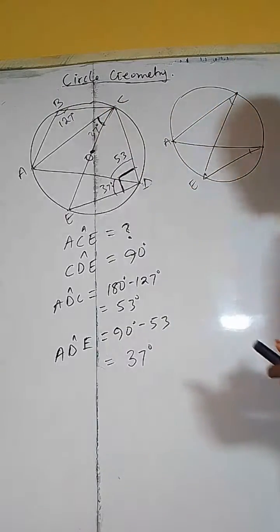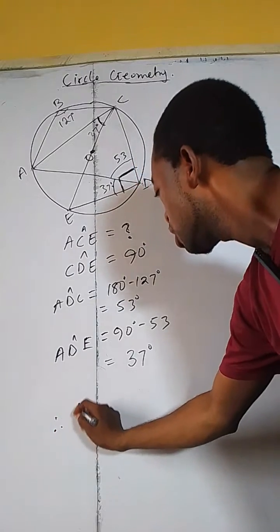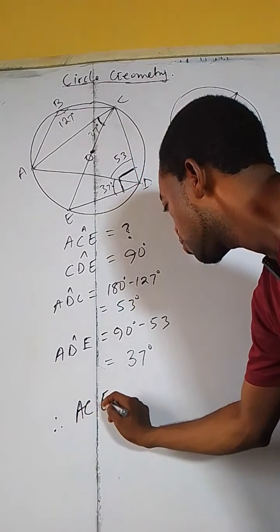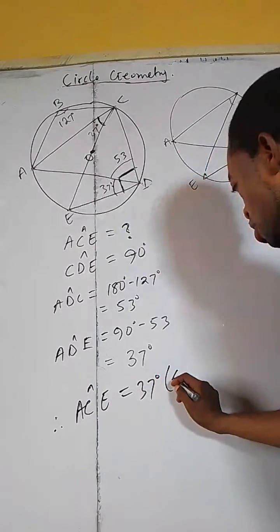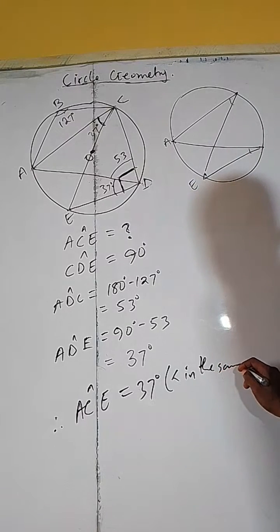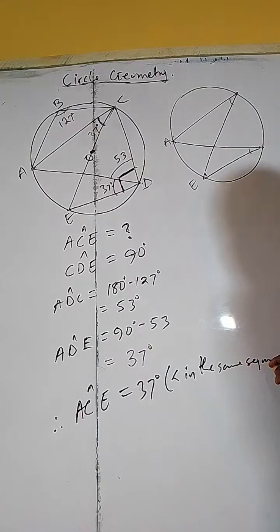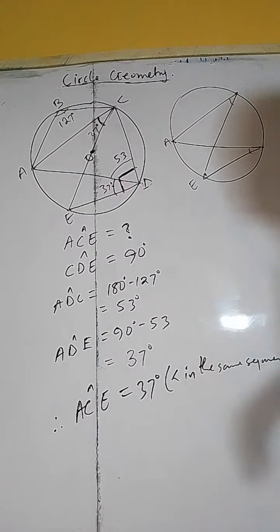Therefore, we can conclude that angle ACE that we are finding is also equal to 37 degrees, which is angle in the same segment. So that's the solution to this given problem. We are able to arrive here because of what we know about the circle theorems.